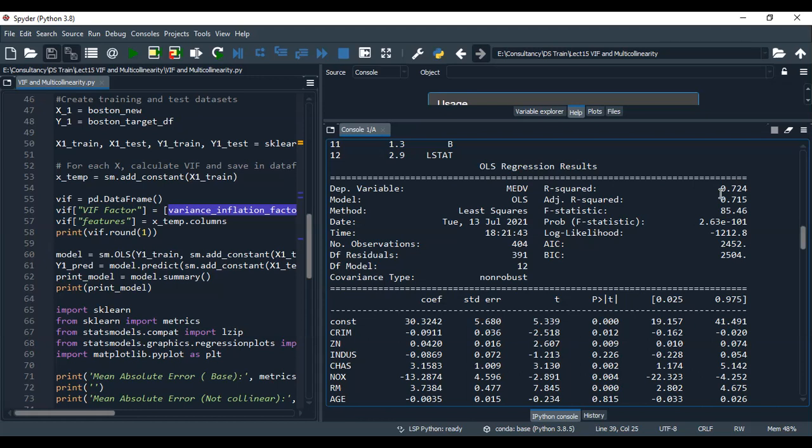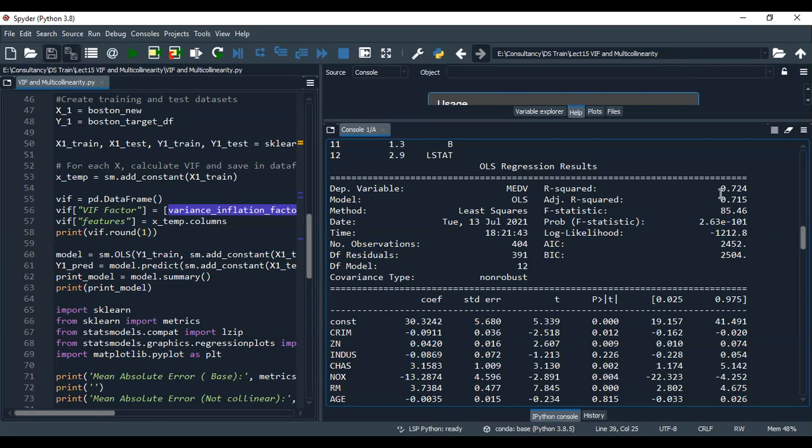Now, if you change Y predicted, earlier it was Y equal to beta 0 plus beta 1 x1 plus beta 2 x2. If x2 and beta 2 are positive, then definitely some value is being added to Y. Now, if you are removing beta 2 x2, this predicted value is decreasing.